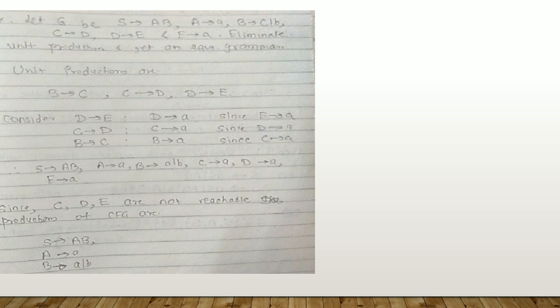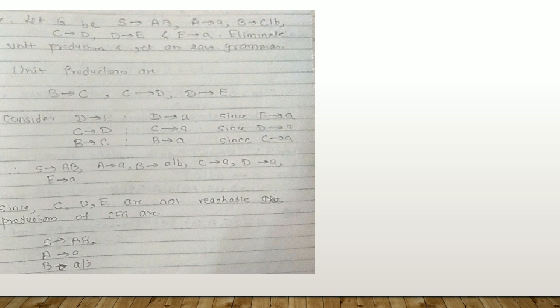So here the new production rules are S gives capital AB, capital A gives A, capital B produces A and B, capital C produces A, capital D is producing A and capital E is also producing small a. Now we can remove all the useless symbols, those symbols which are not reachable from the starting symbol.